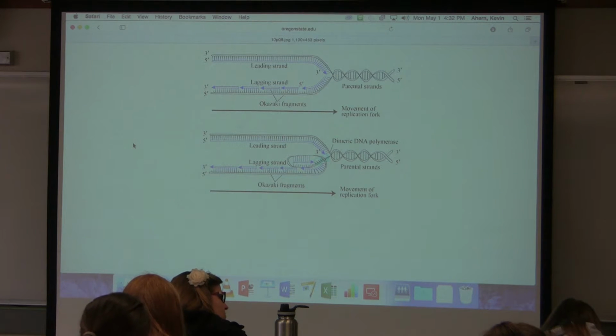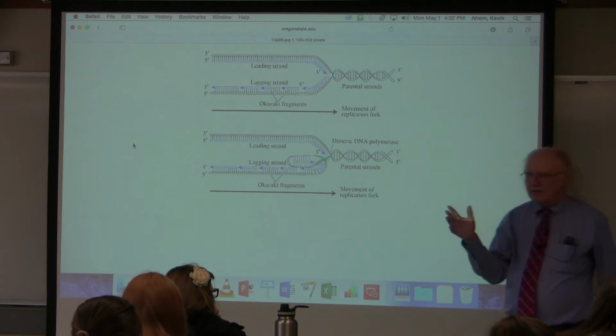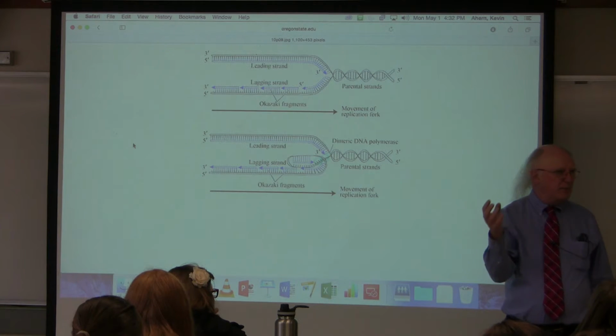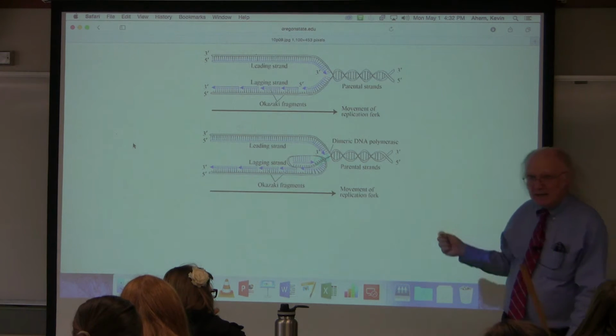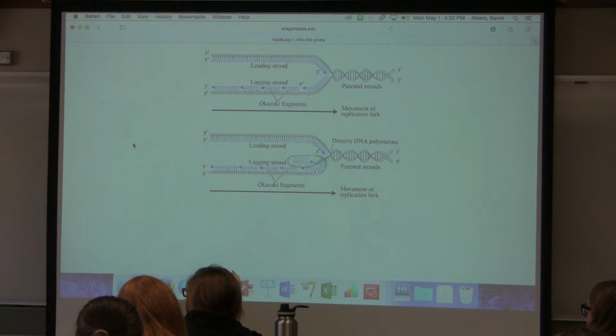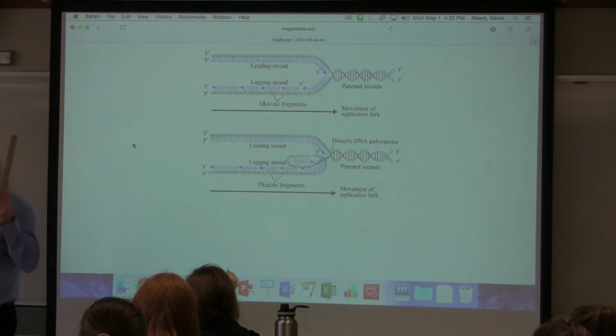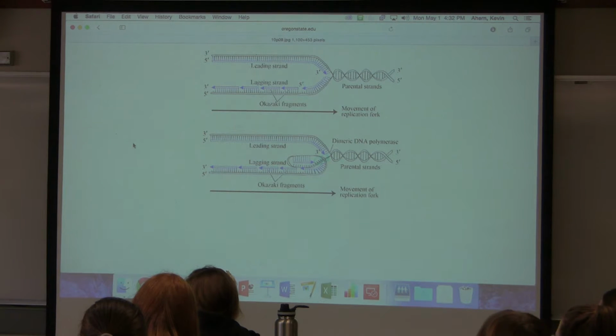If you can type 60 words per minute, each word being roughly 5 characters, that's 300 characters per minute, maybe 5 characters per second, if you're a good typist. Okay? Polymerase is reading and typing at the rate of 1,000 every second. That's 200 times faster than you.